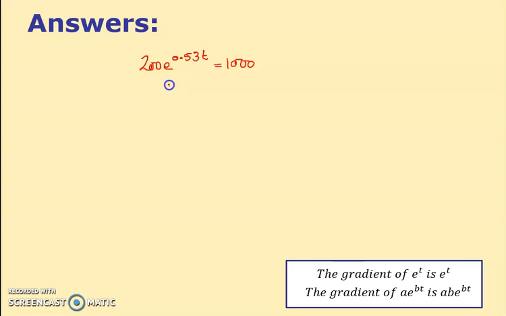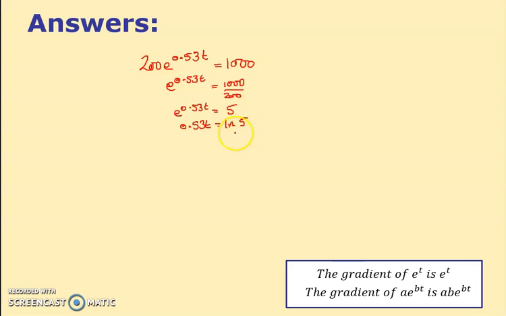Move the 200 over. That's e to the 0.53t equals 1,000 divided by 200. Well, that's quite easy to do in your head. 0.53t there equals 5. And now I have to move the e onto the other side. And when you move the e onto the other side, it becomes a natural log. So natural log of 5.